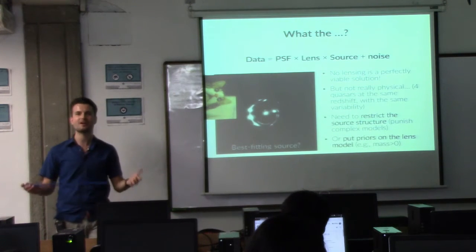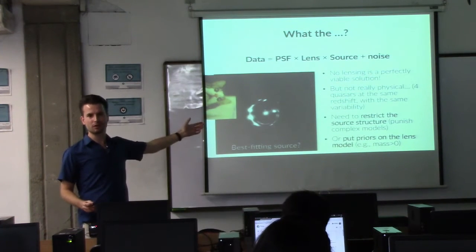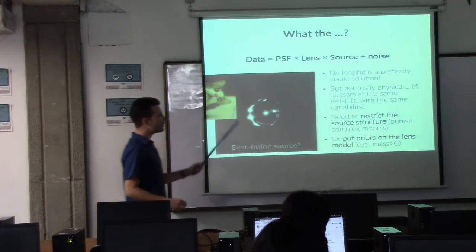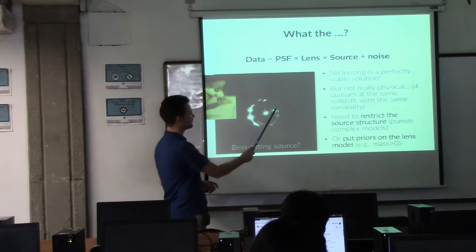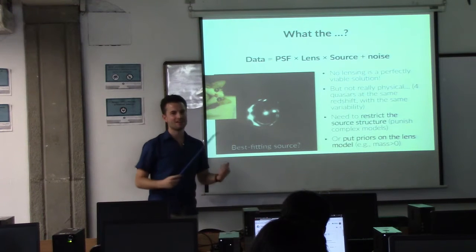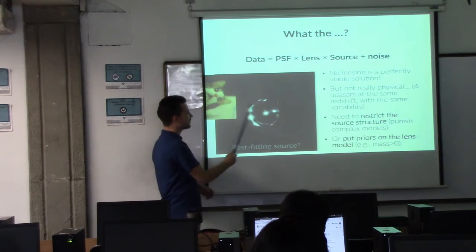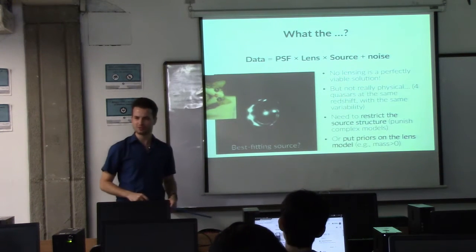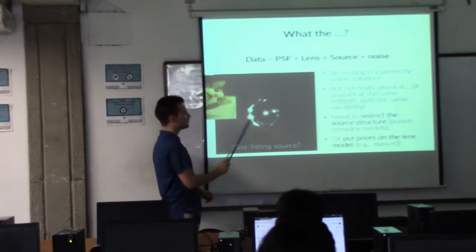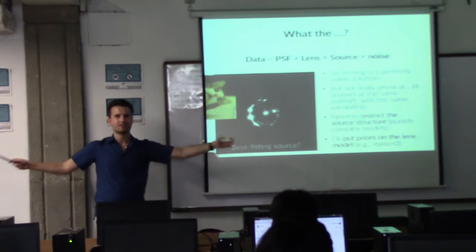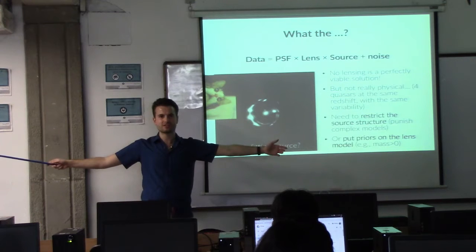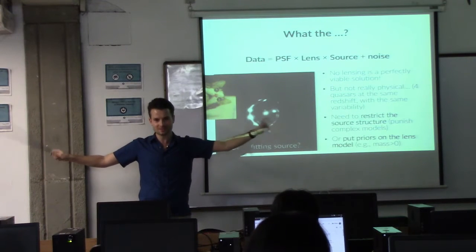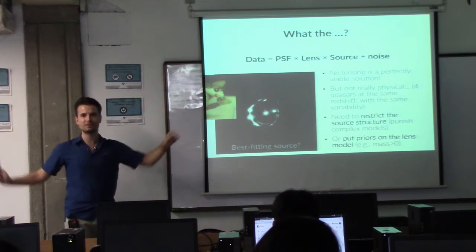It's a perfectly fine solution for a pixelated model. But we know it's not very physical, because we would have 4 quasars at the same redshift, and the time delay between them is on the order of a few days. So you would have 4 quasars that are thousands of light years away from each other, who are somehow synchronized to within a few days.